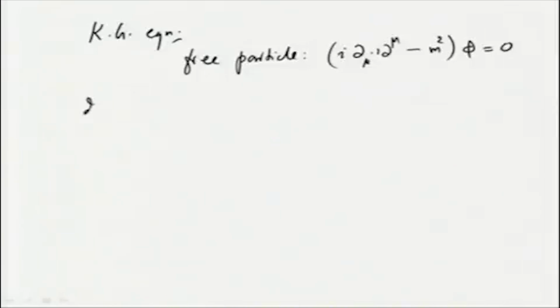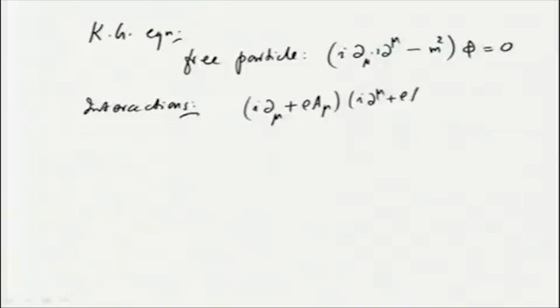Now, in the interacting case, when we switch on the interactions, we will have i del mu plus e A mu, squared, instead of i del mu, and then m squared as usual, acting on phi.